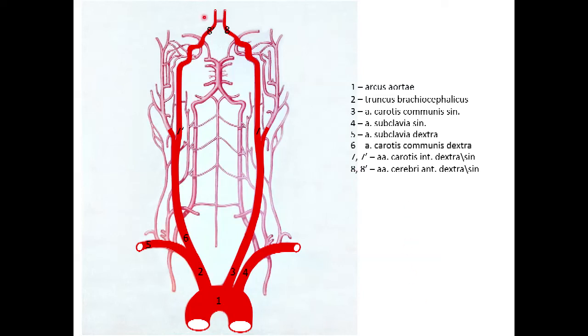So this is number 8, and 8 with dot is arteria cerebri anterior dextra and sinistra, and between them there is an anastomosis, number 9, arteria communicans anterior.